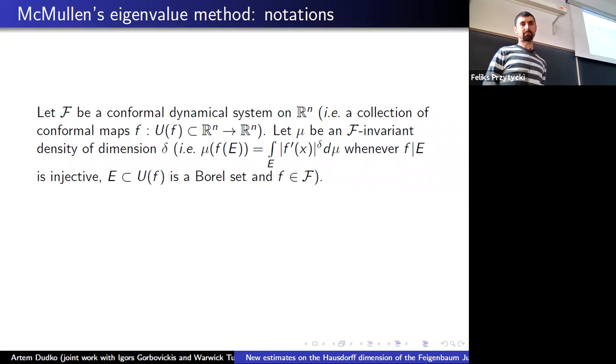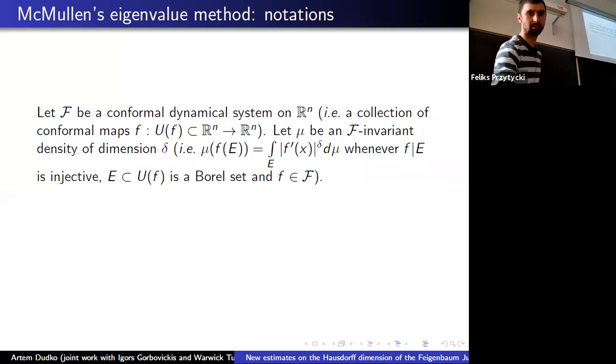This means precisely a measure mu such that when we map some Borel set E injectively into some other set, then the measure of the image can be estimated as the integral of the derivative raised to power delta. So this is what a density of dimension delta means. This is something which is also known in holomorphic dynamics as conformal measures.